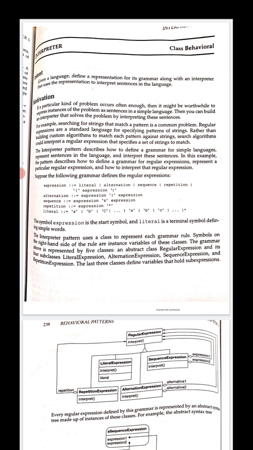It is useful mainly for developing domain specific languages or notations. So it is the ability to define a language grammar. Already we saw the Java compiler, the best example, which interprets Java source code into byte code.